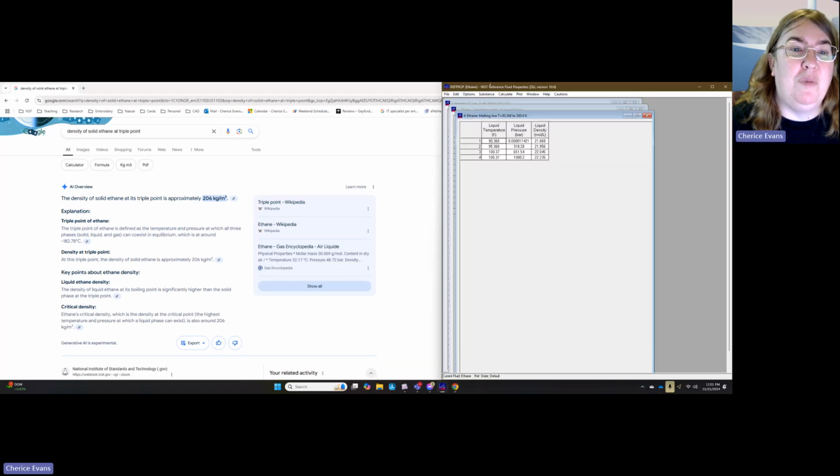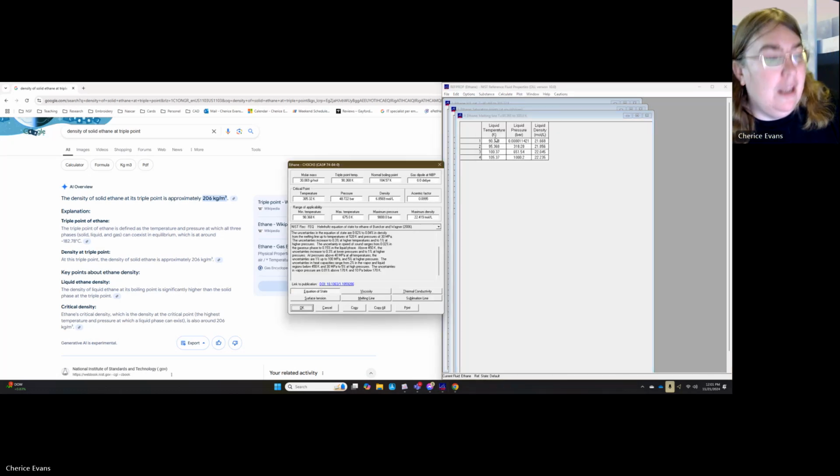So if I go to Refprop, substance, option, substance, fluid information, my molar mass is 30.069 grams per mole.